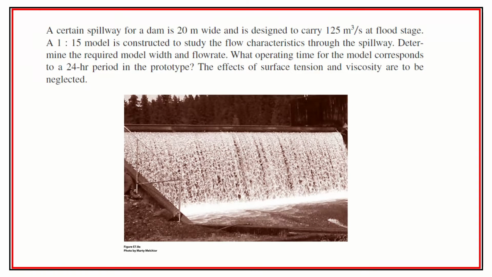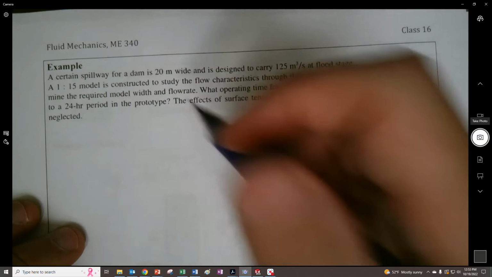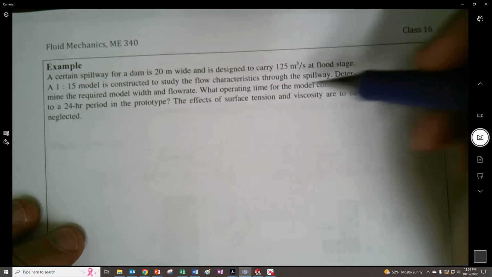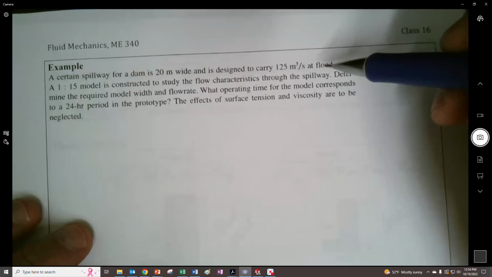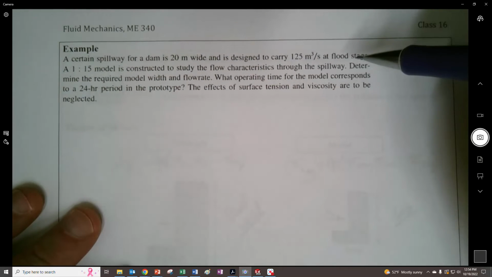So, in looking at this problem, where we might start out is to do our Buckingham Pi analysis and find out all the dependencies that are involved here. And it's really a flow rate thing that is our primary look.